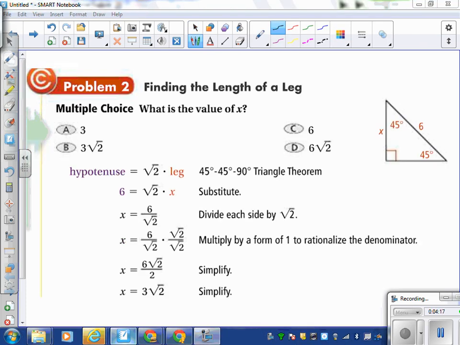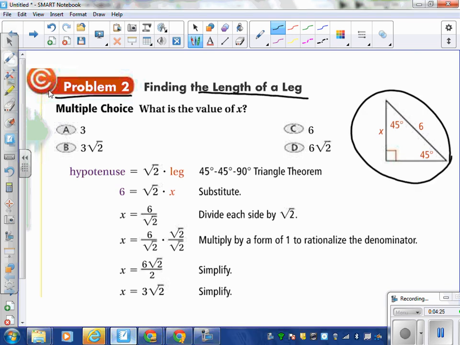Okay, let's take a look at problem 2. Find the length of a leg. Again, given a 45, 45, 90 triangle, my hypotenuse is 6, and my leg is x. We want to find the value of x. What do we do with this problem?